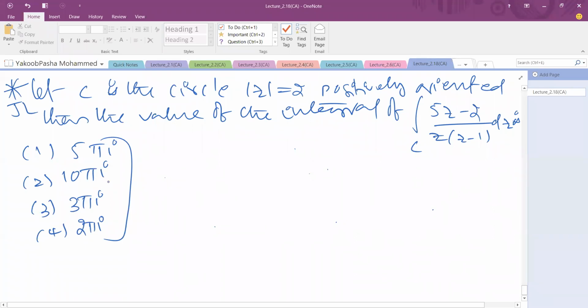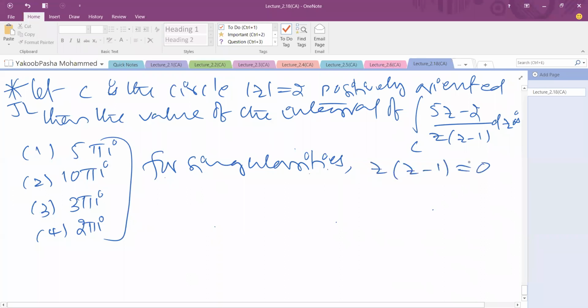First, you have to see the singularities. For singularities, the denominator is 0, so z into z minus 1 is equal to 0. So z is equal to 0, 1. These are the simple poles, so we can draw the diagram here.